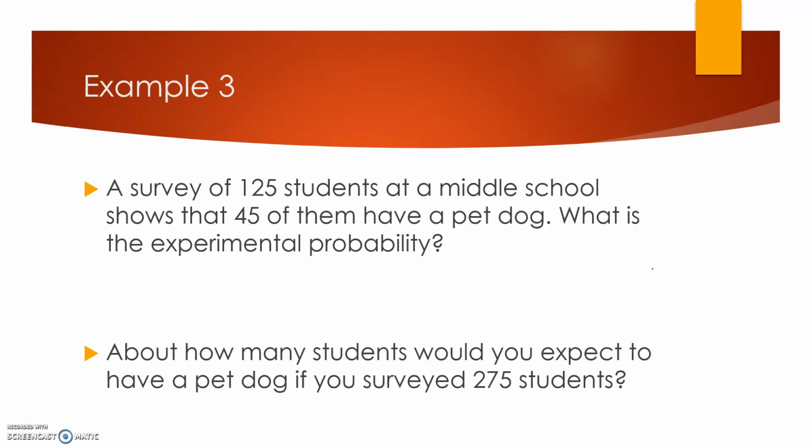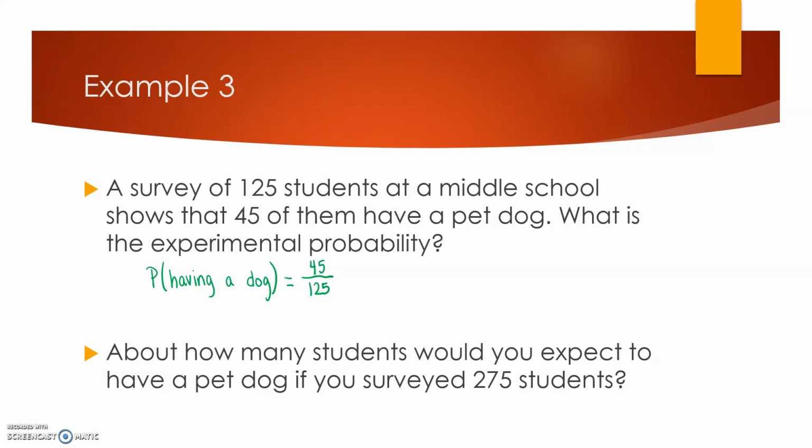So we want to know the probability of having a dog. We see that 45 out of 125 people at the middle school in this sample survey had a dog.